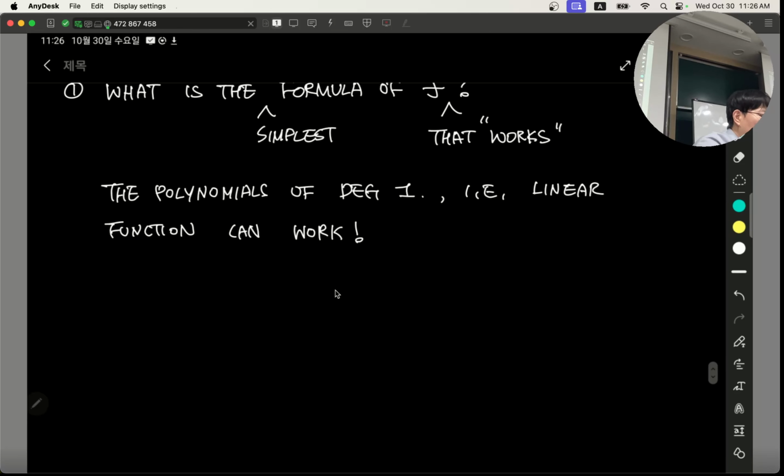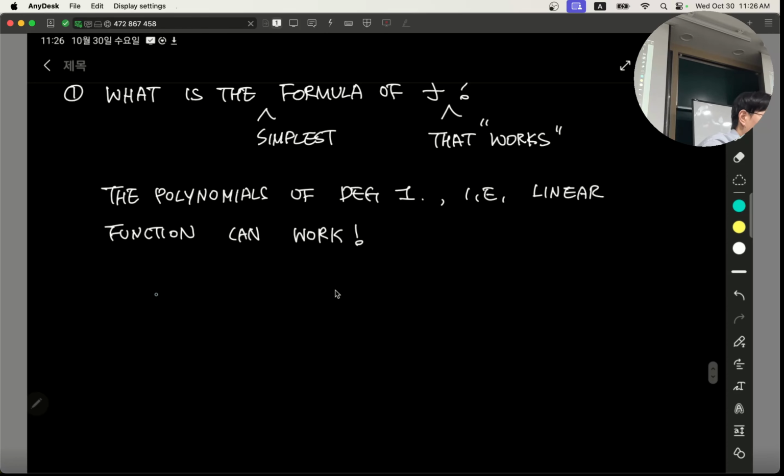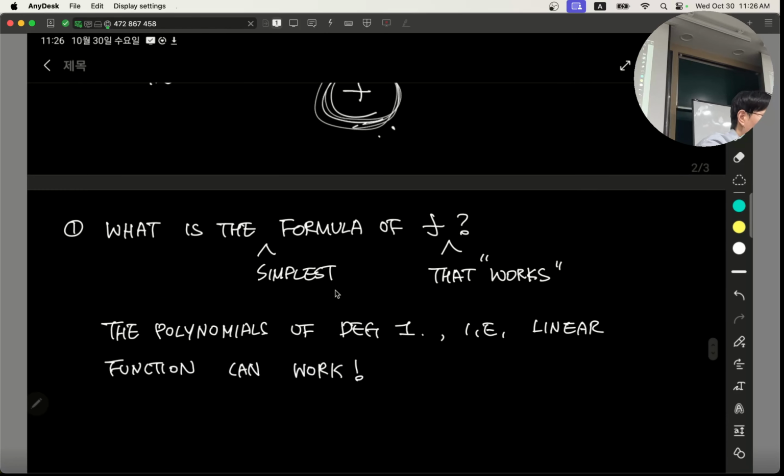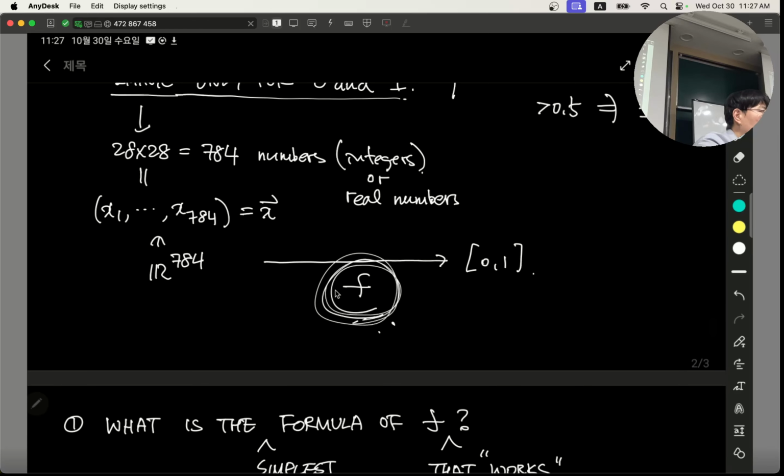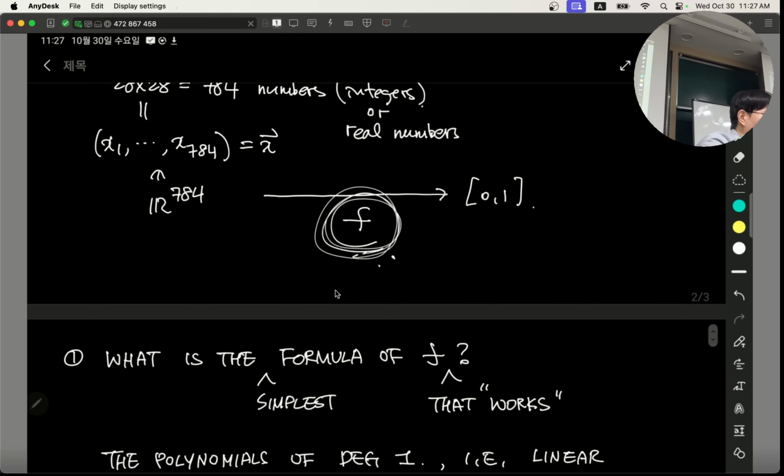Now, what will be the formula in this case? Okay, so you have 784 variables to input into your model. That means if you want to make a linear equation with these 784 input variables, then you need 784 coefficients.